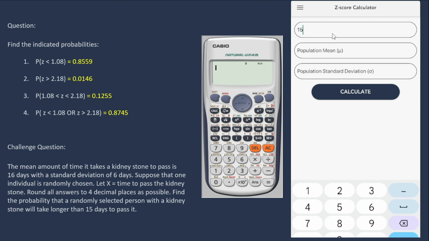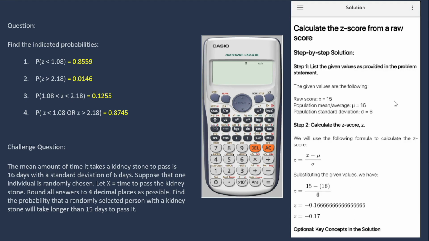It says in the problem, find the probability that a randomly selected person with a kidney stone will take longer than 15 days. And we are told that the population mean is equal to 16 days with a standard deviation of 6 days. So now we try to calculate this one. Here we have the given values. X is equal to 15, mu is equal to 16, population standard deviation is equal to 6.